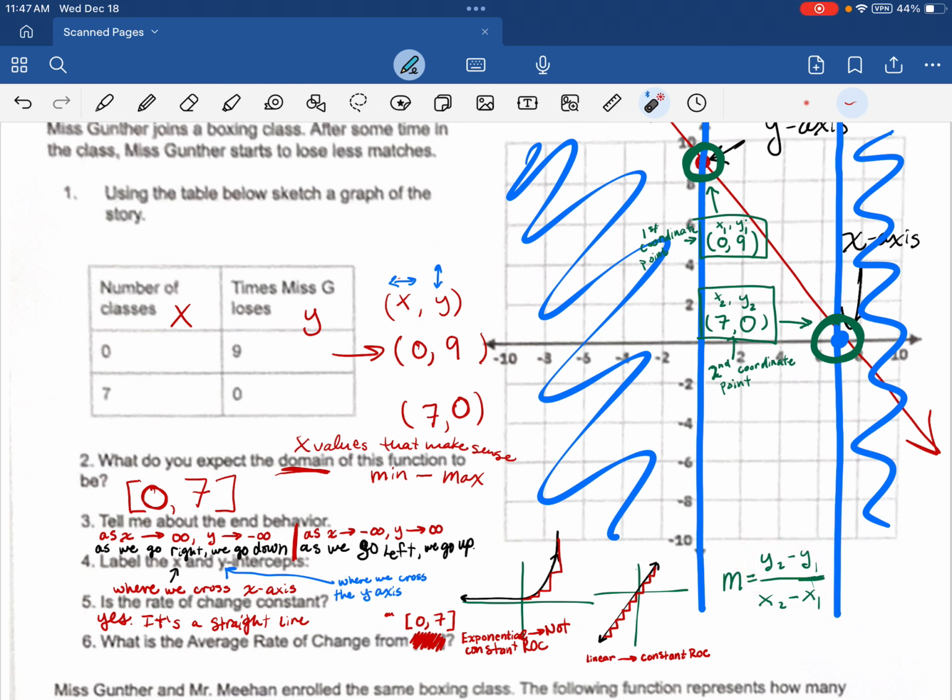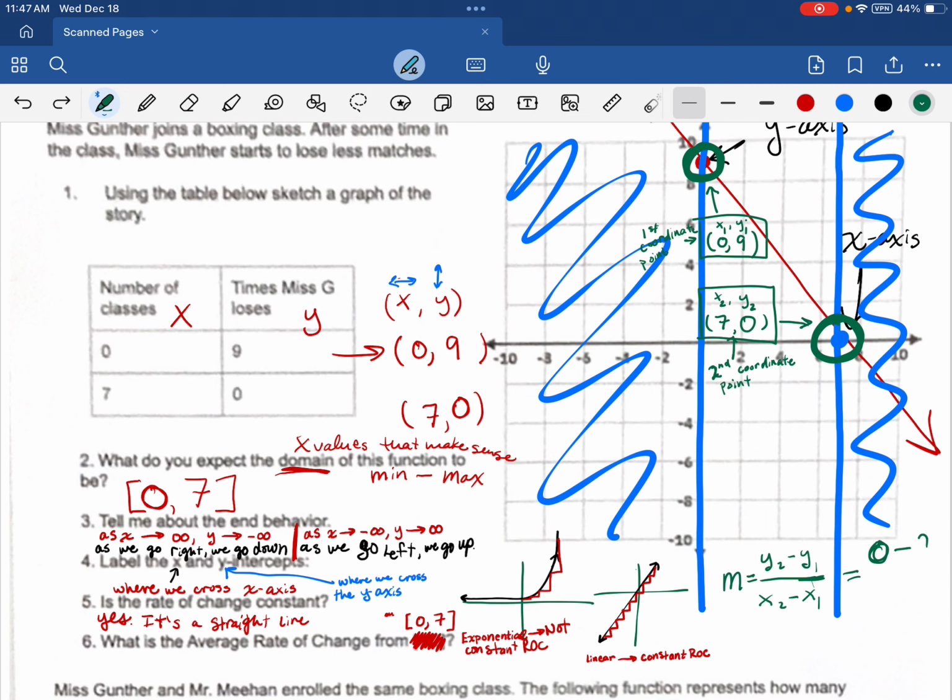It looks like the first thing I need is y2. If I look at my coordinate points, y2 is 0. So I'm going to say 0 minus y1, which is 9.